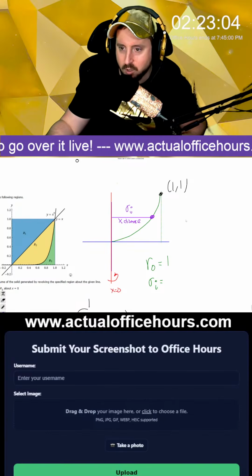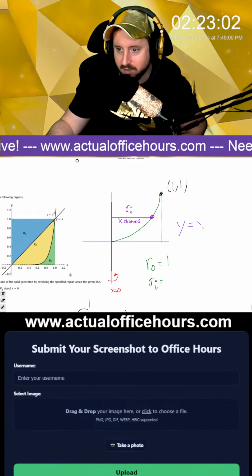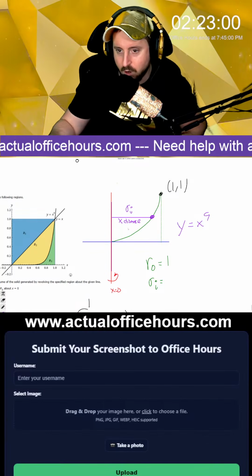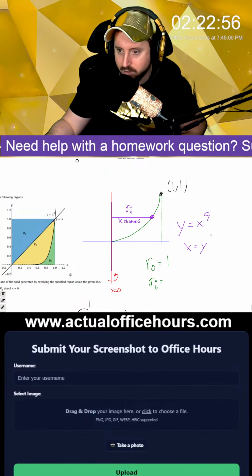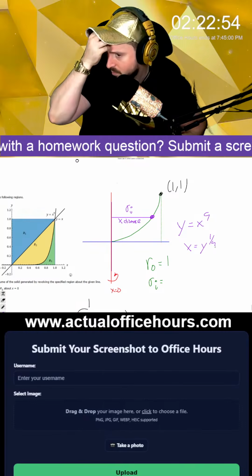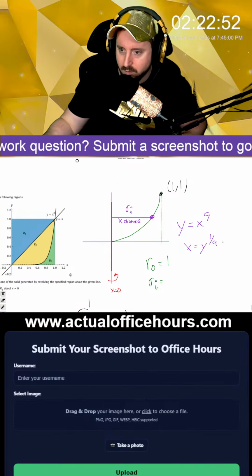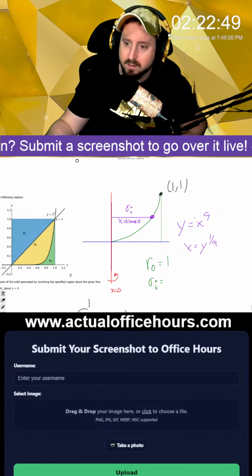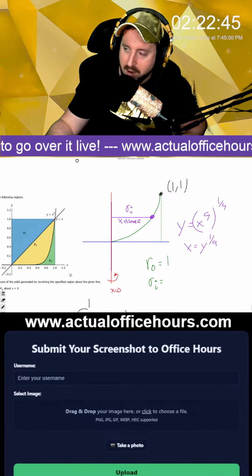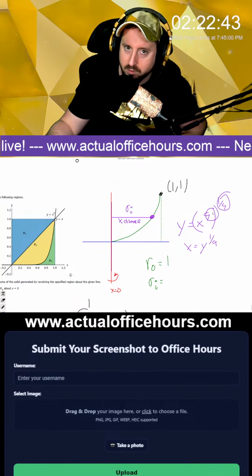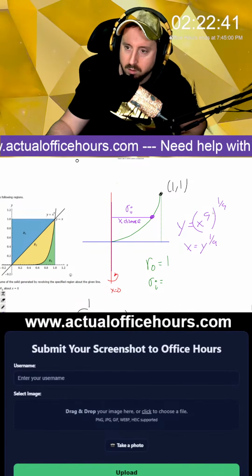And you have y equal to x to the 9th. So if I want the x distance, I need to rewrite this equation as x is equal to y to the 1/9. I just 9th rooted it. You can also raise this to the 1/9 power, because a power to a power just multiplies.